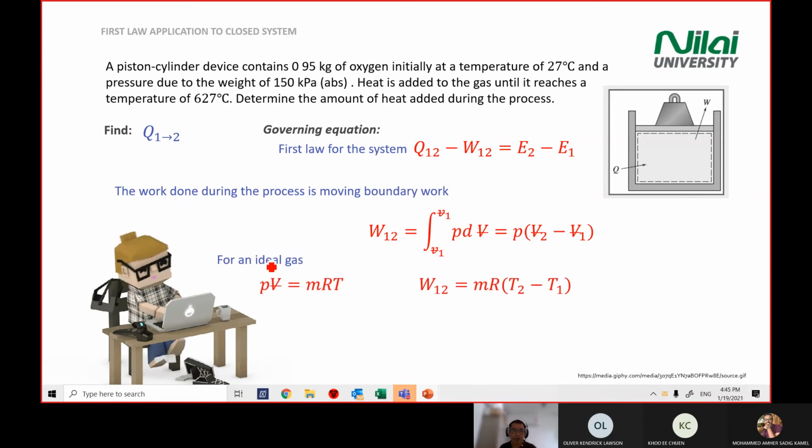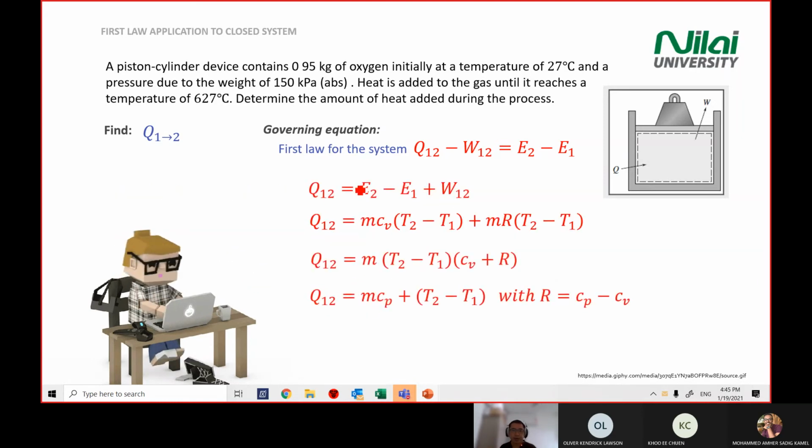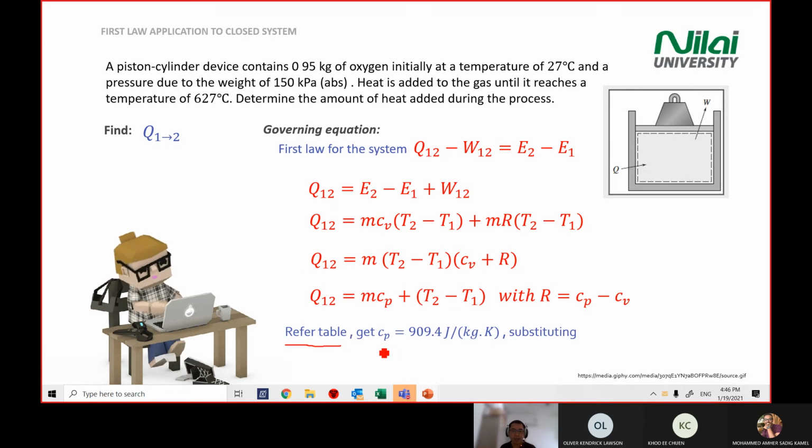Then you call out the ideal gas formula. At the moment you just accept all the formula, and then you apply it. For this module, most of the time you refer to a table. In this case, you refer to a table, you get a certain value, and then you substitute in, you get the answer.